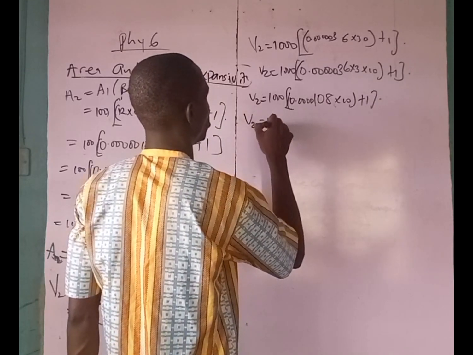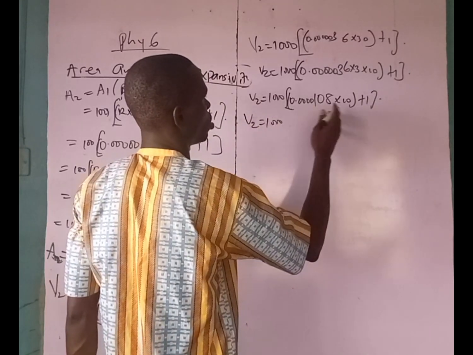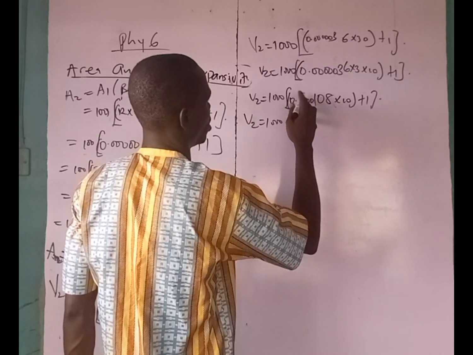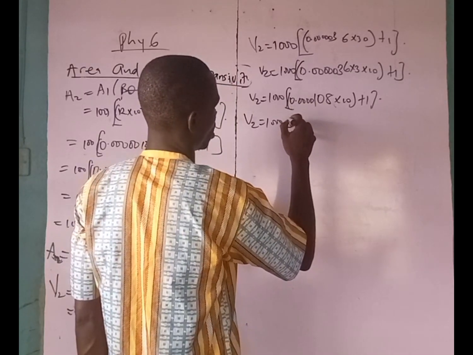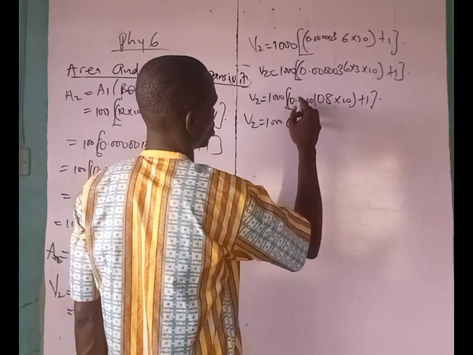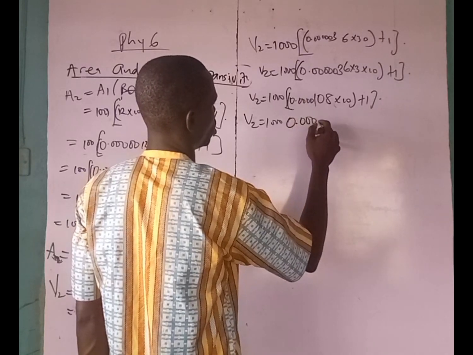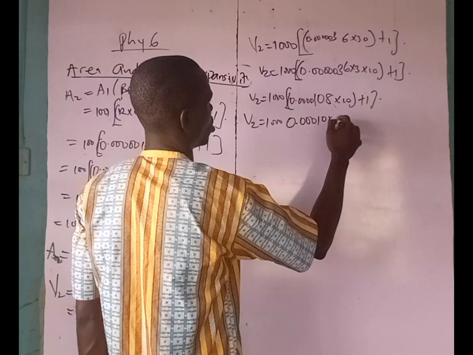So V2 now will be 1000 multiplied by 10 is moving 1, so that will be 0.000108 plus 1.